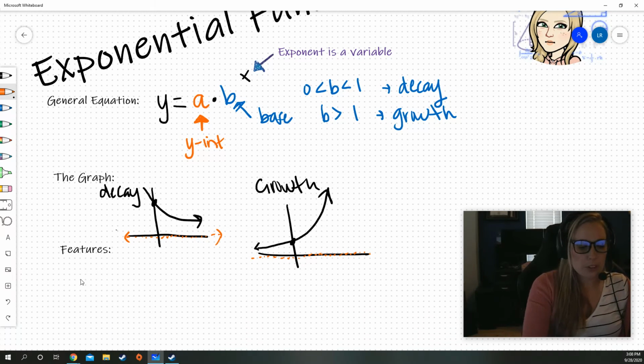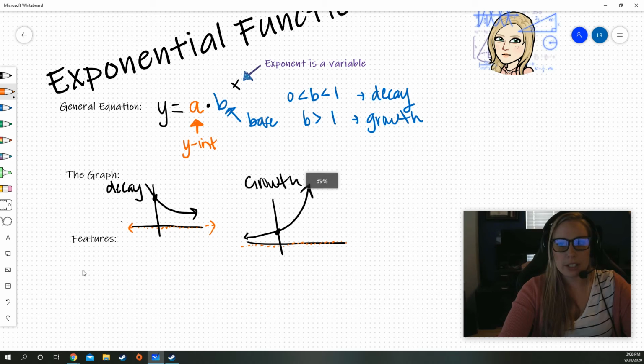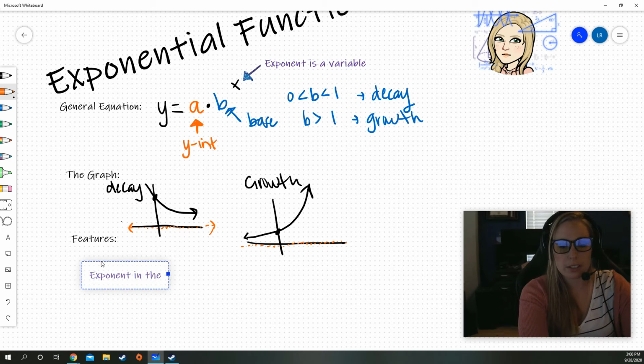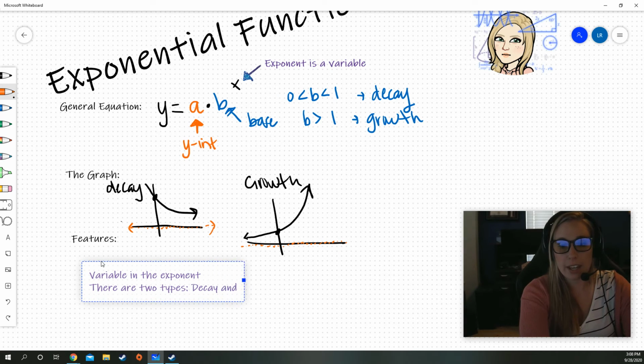So now, what are some of the features that we need to know? Well, we already talked about one of the features: there is an exponent, there's an x, there's a variable in the exponent. There are two different types, decay and growth.